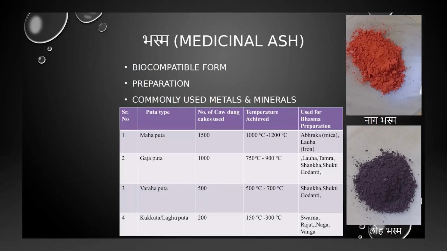The second procedure is levigation, or it is also called as bhavana. After purification, the obtained substance is ground with the help of mortar and pestle into a fine powder and is added with specific herbal extracts, juices, or decoctions.